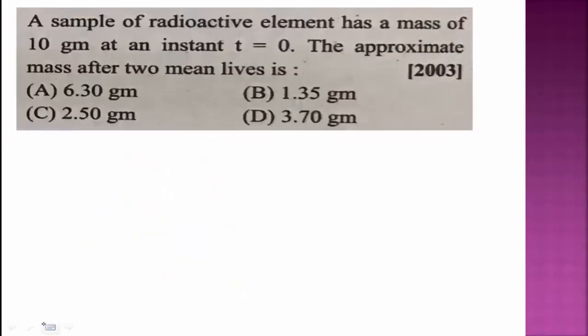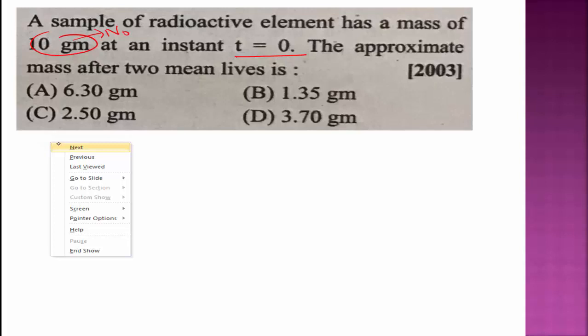And the next problem is, a sample of radioactive element has a mass of 10 gram. This is N0 at the instant of time t equal to 0. The approximate mass after two mean lives.